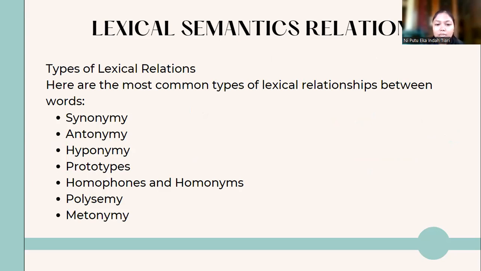Here are the most common types of lexical relationship between words. The first one is synonym, and then antonym, and then hyponym, and then prototypes, and then homophones and homonyms, and then polysemy and metonym.